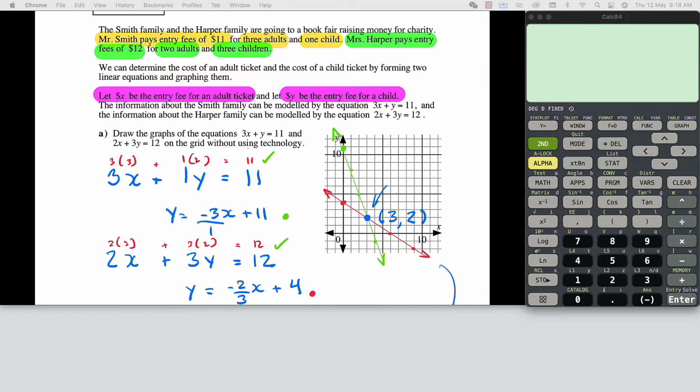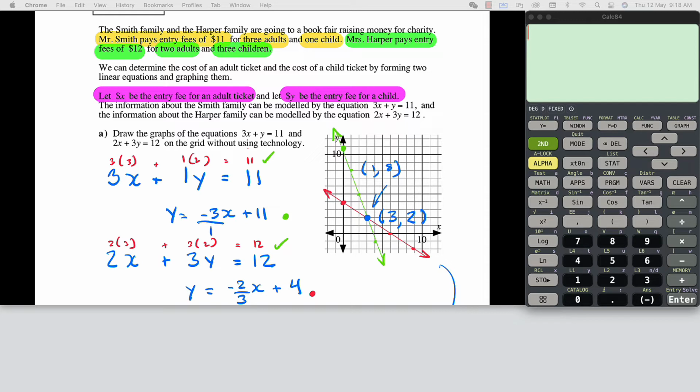Now, basically, there are infinite points that will make this true. So if I grab this point right up here, which is 1 in the x and 8 in the y, and that's a point on the green line, as long as I substitute those values back into the equation that we derived, it will also work out to be true.